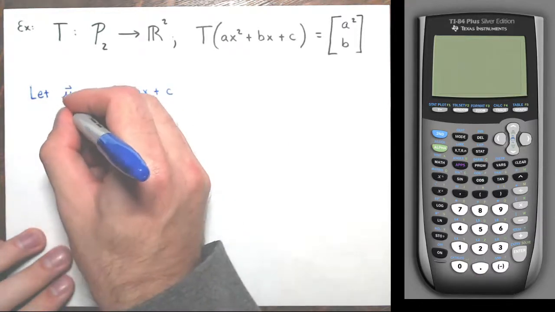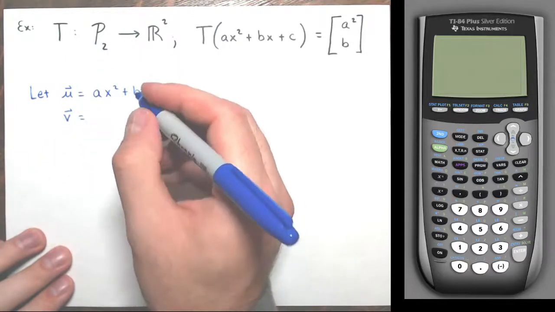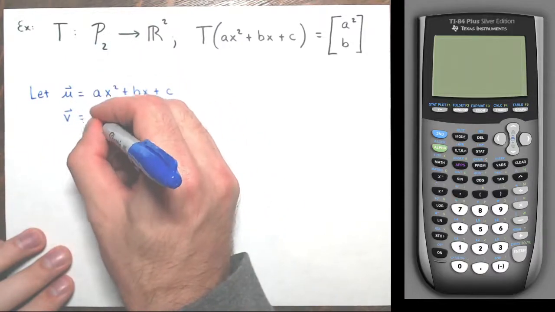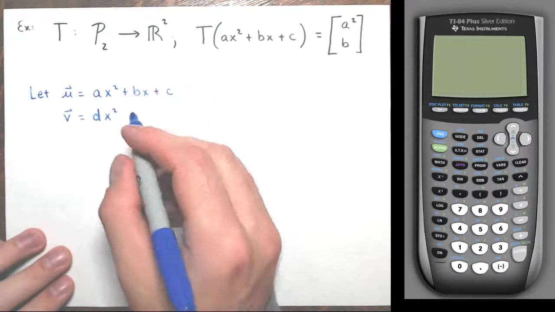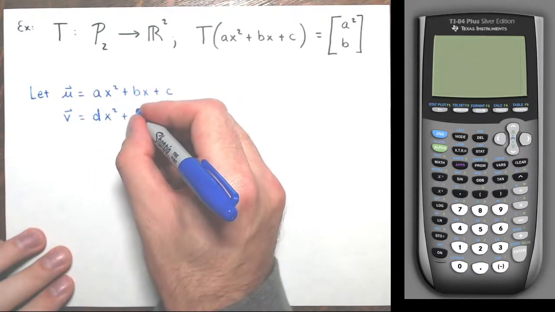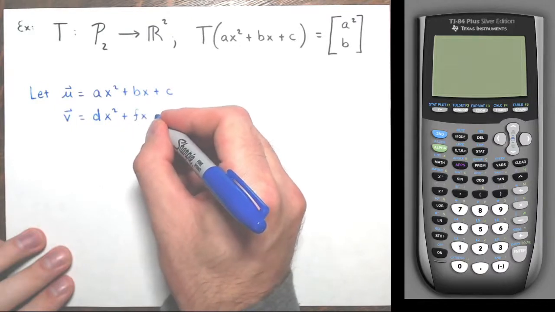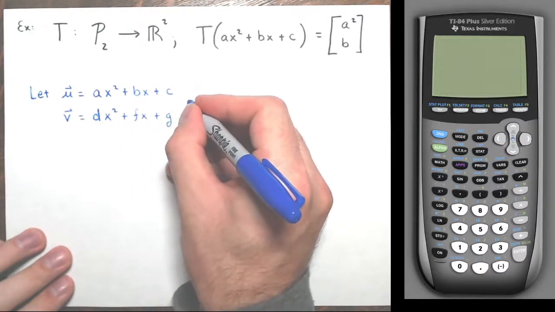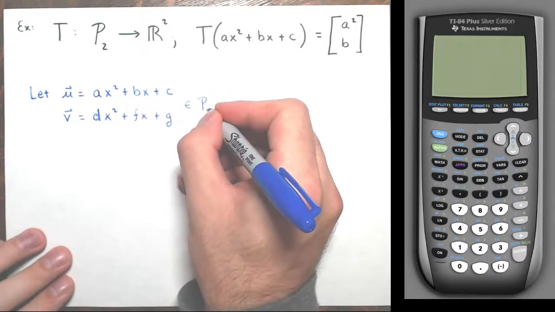And v also belongs to P2: dx squared, just something with different letters, plus fx plus g. I don't usually like to use e. These belong to the domain P2.